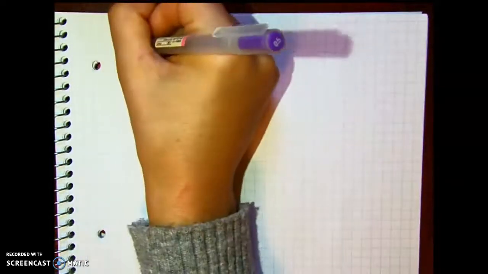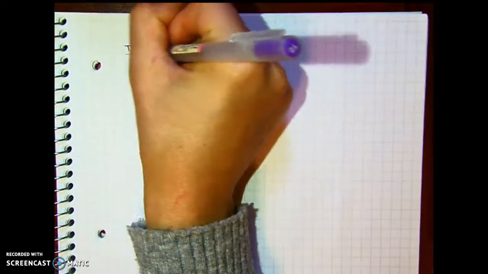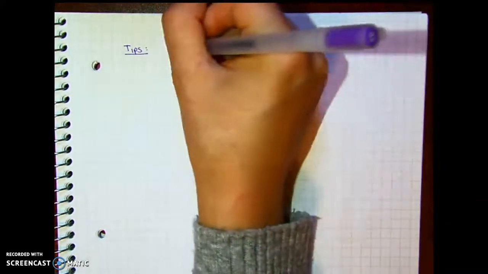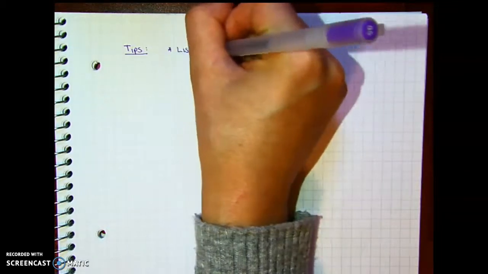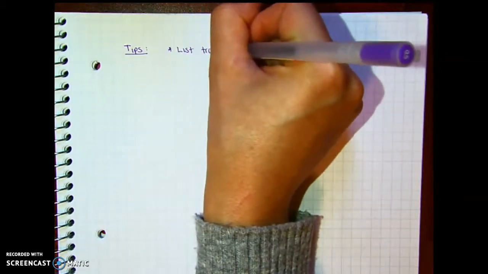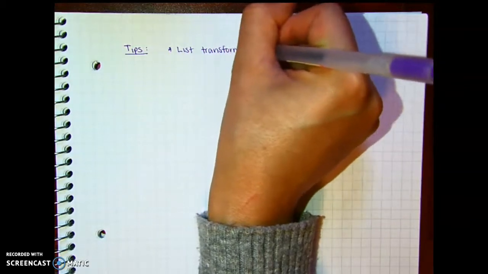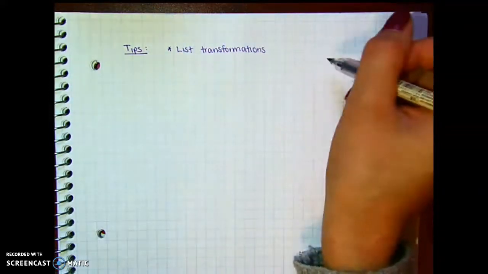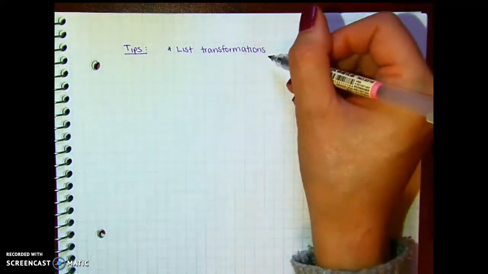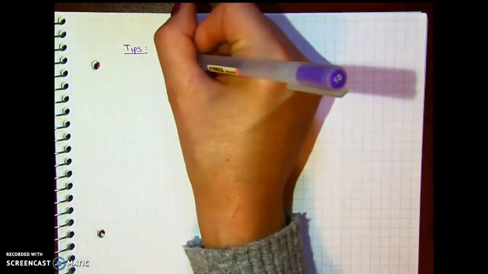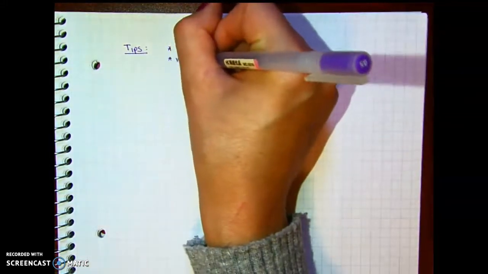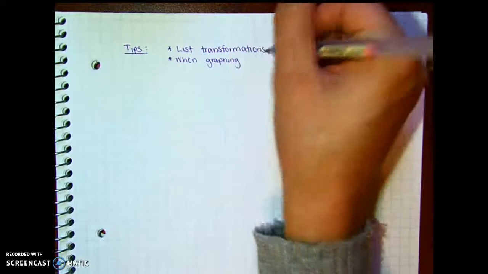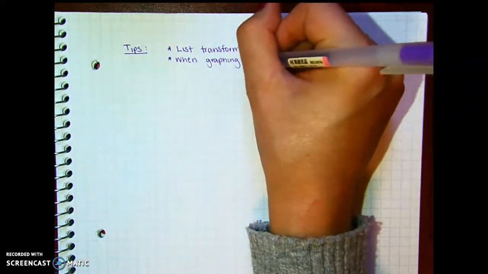So my tips are to always list your transformations, even if you're not asked. So this is graph to equation or equation to graph. Always list the transformations. When graphing, I recommend making a table.